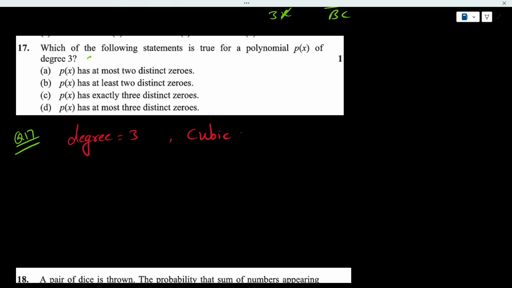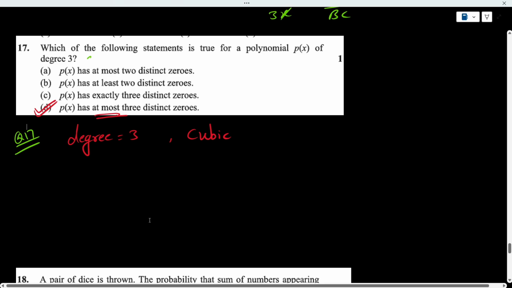Similarly here, for cubic, there will be at most 3. So what is going to be the right option? 2 distinct zeros is not at all possible. Among C and D, it's not exactly 3, it is going to be at most 3. Maximum 3 solutions are possible, right? So there can be 2, 1 also, or no solution. So option number D is the right option for question number 17.